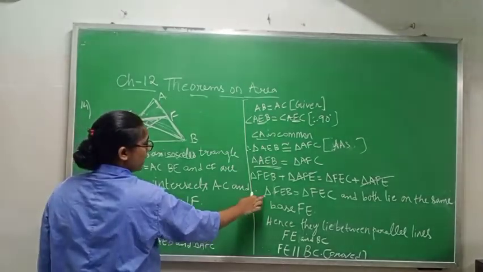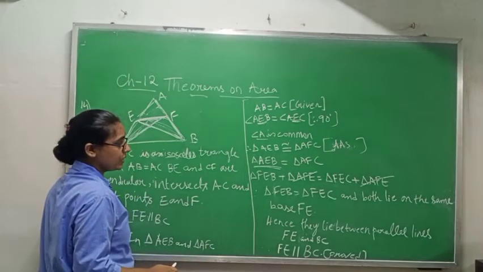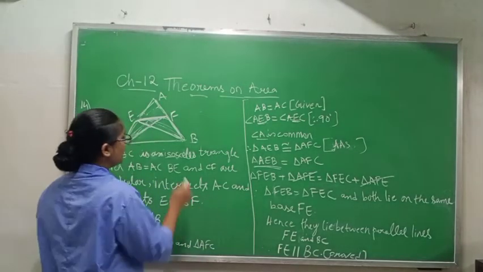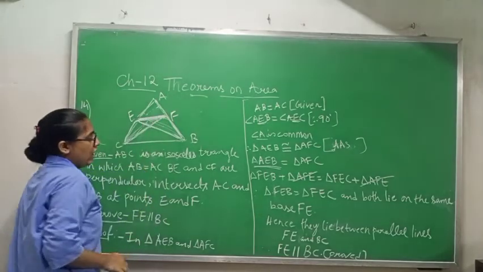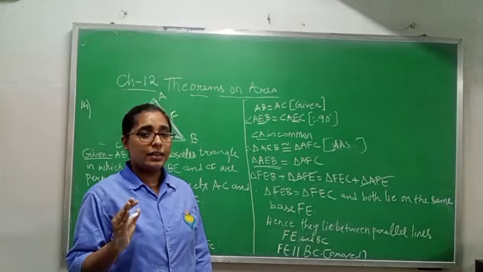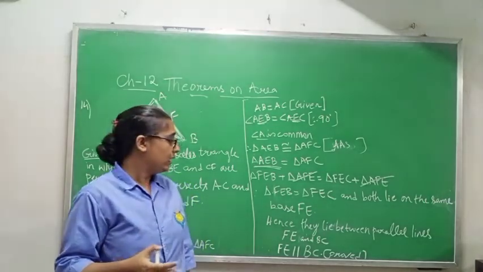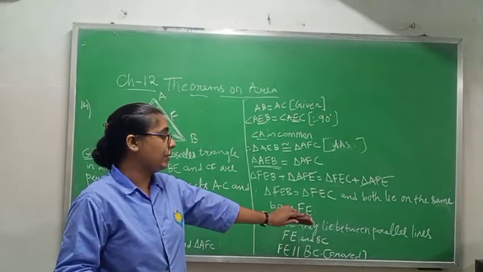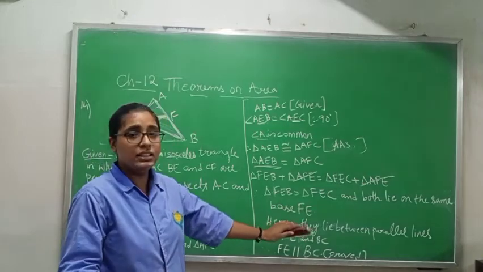So therefore triangle FEB equals triangle FEC, and both lie on the same base FE. If both are lying on the same base, it means that both lie between the same parallel lines. That is why I have written: hence they lie between parallel lines FE and BC.